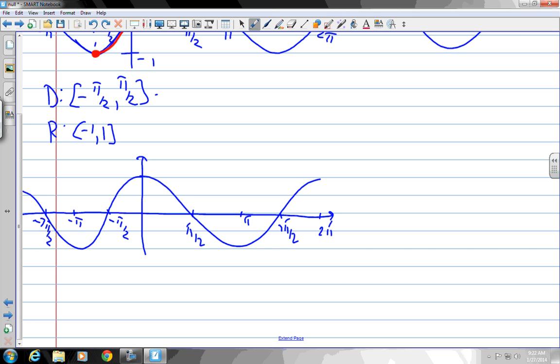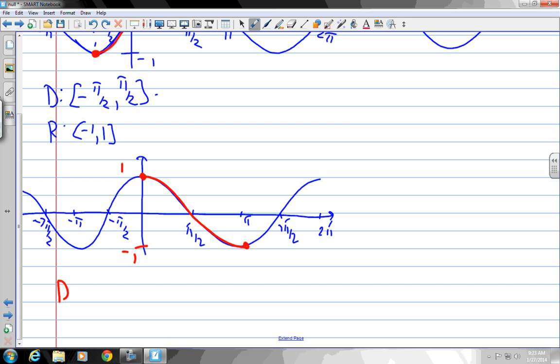So what we did with this graph, again, very far from being one-to-one, right? We took this part of the graph. That part is one-to-one, right? Still covers the entire range. The range stays the same from -1 to 1.